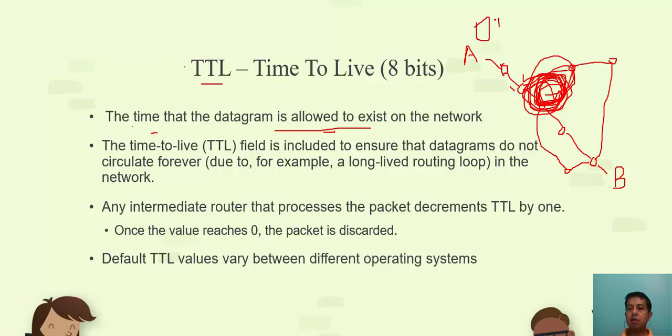Just for example, the initial TTL value is 50. Now when the datagram first arrives at this router, it is decremented by 1, so 50 minus 1 becomes 49. Next it comes to the next router, another one is decremented, and it becomes 48.